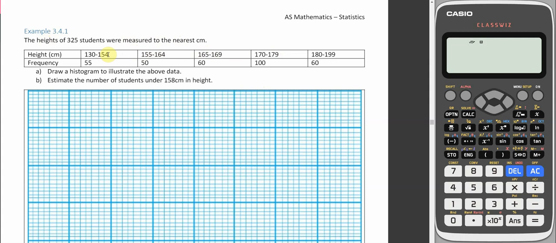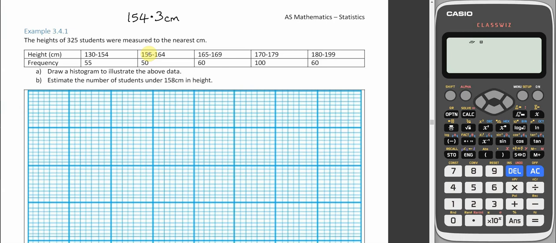First one ends at 154, or that's how it looks, and the second one begins at 155. So if a student was 154.3 centimetres tall, I've gone with one decimal place, there might be more than one decimal place.